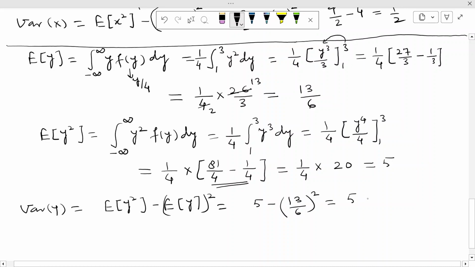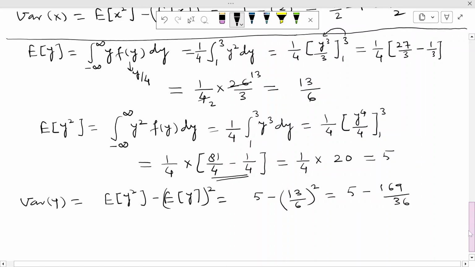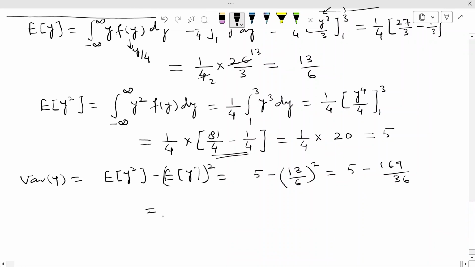So this is 5 minus 169 over 36. When you are taking the LCM as 36, this is 180 minus 169 divided by 36. So this will be coming out equal to 11 over 36. So this is our variance of y.